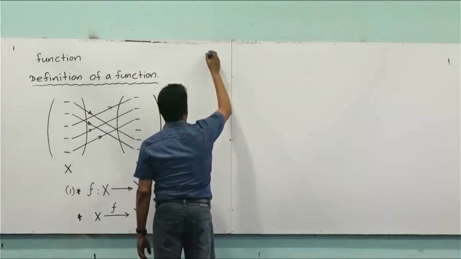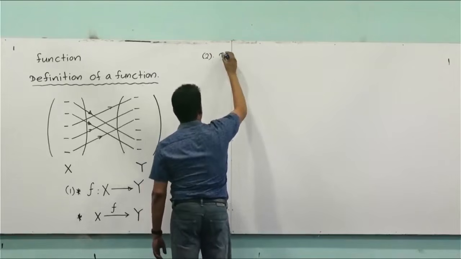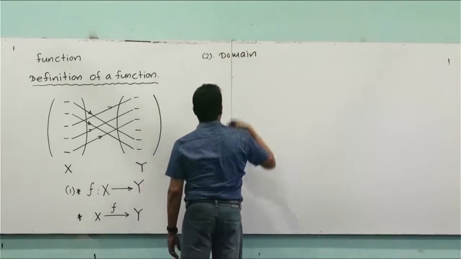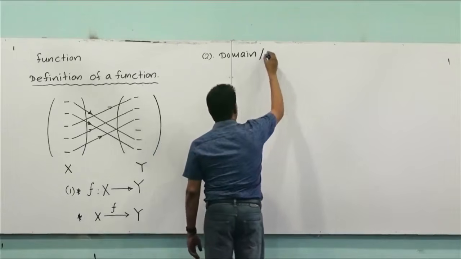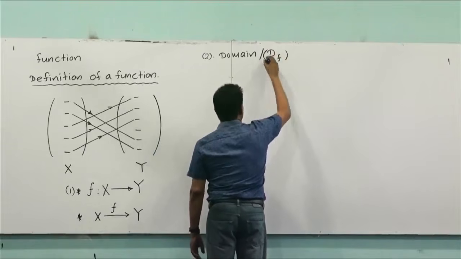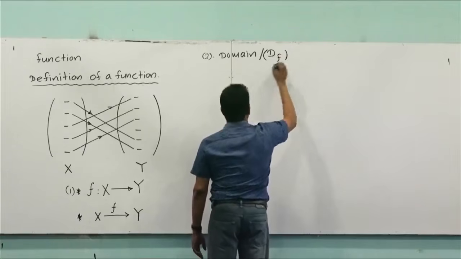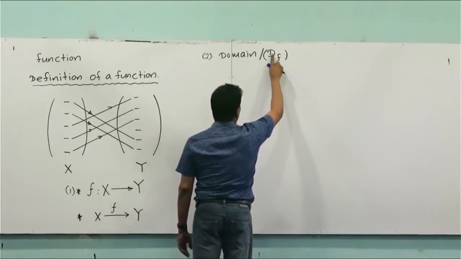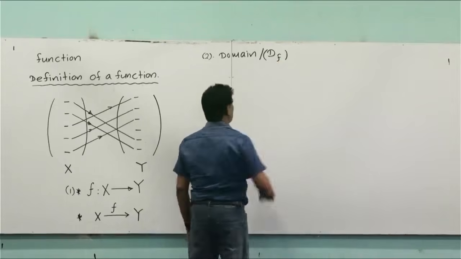Then the second one, there is a name, it is called domain. Domain of function F, this is the notation, right? You have to write the first letter of this name, D, then just below it you write the function's first letter.